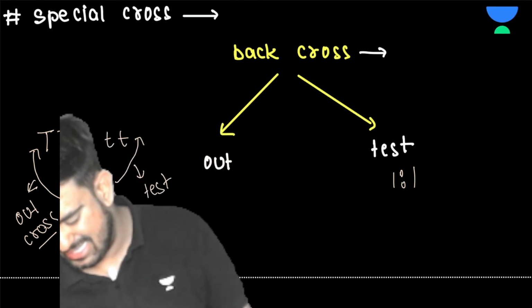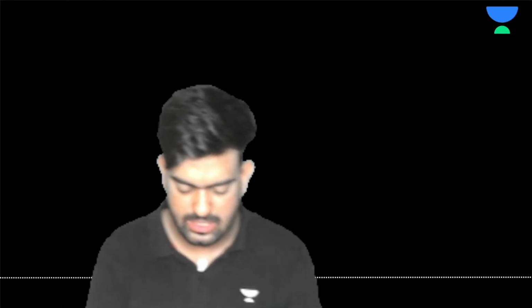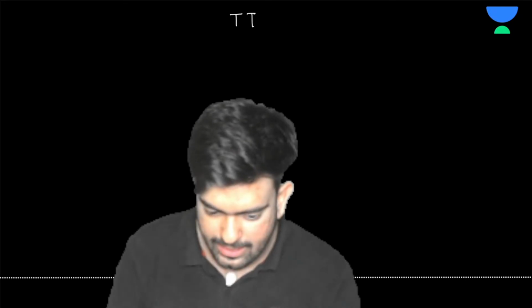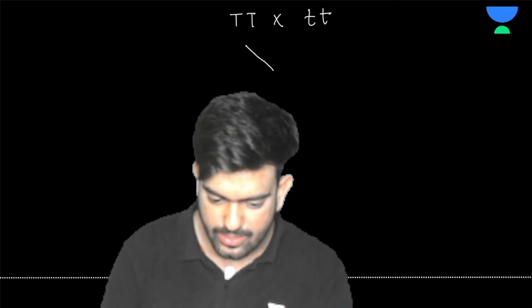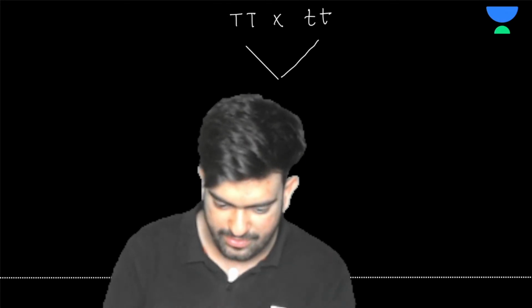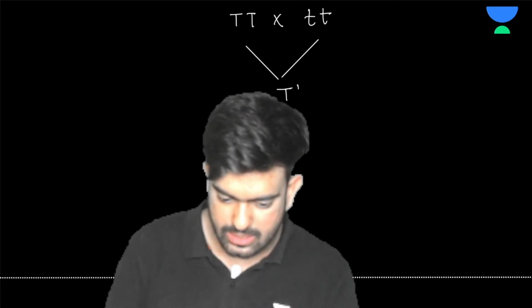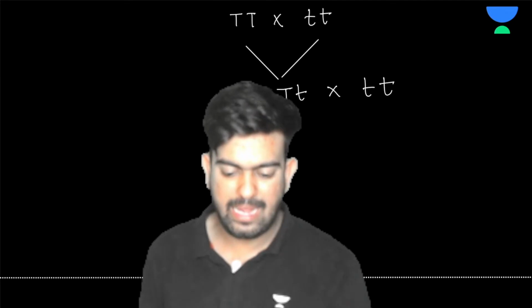Now, how can we do the back cross? Let's see an example. Let's again have a tall one, which is capital T, and a short one, small t, small t. We are going to have the progeny of the F1 generation, which is capital T and small t. Then what we are going to do is back cross it.